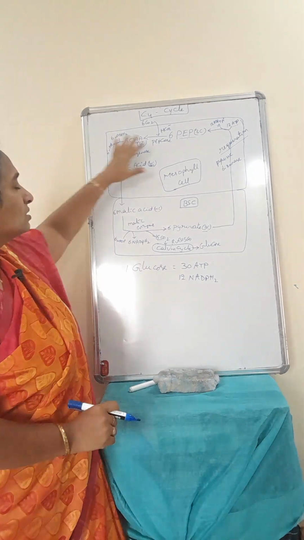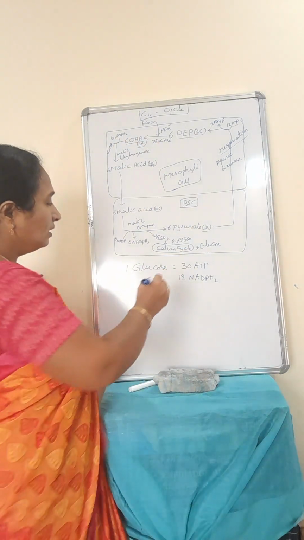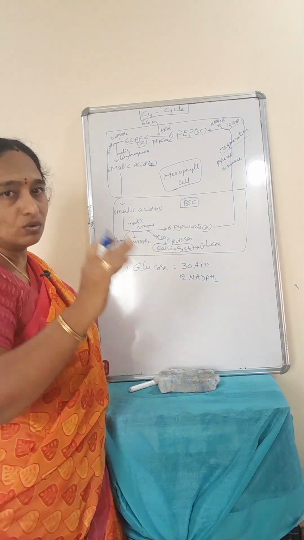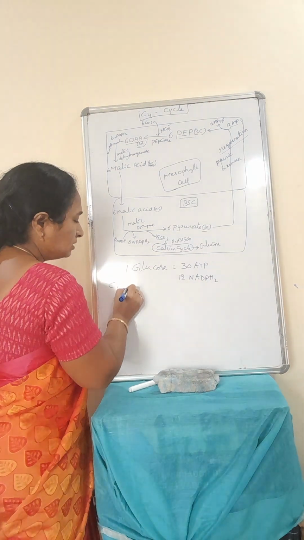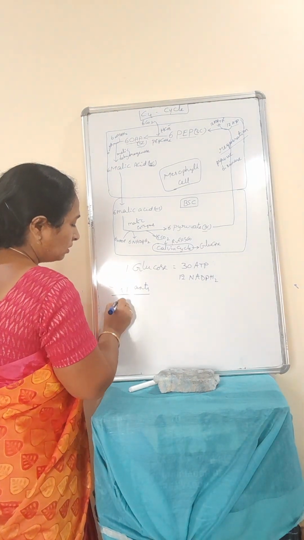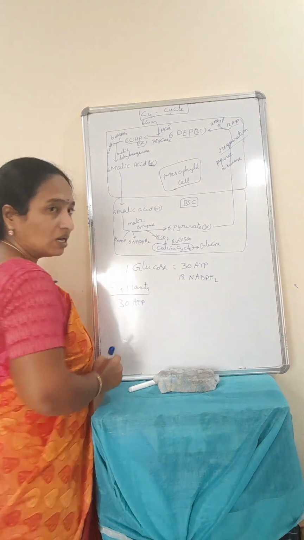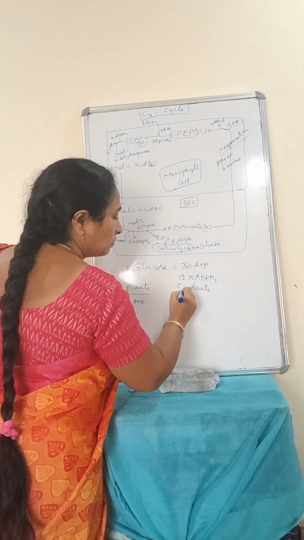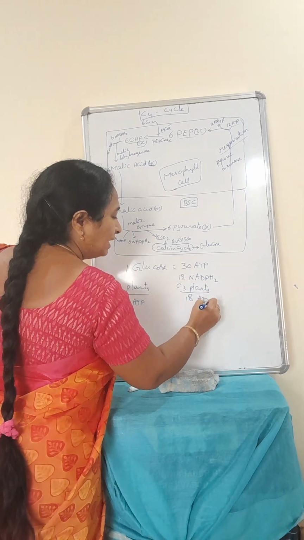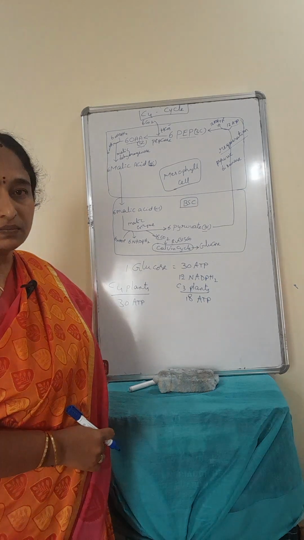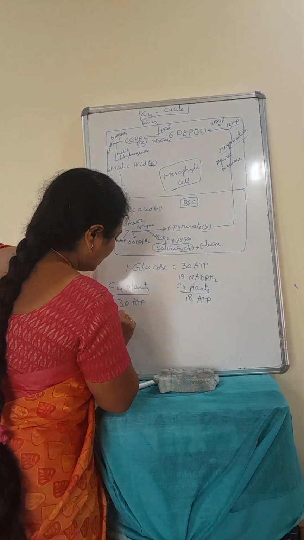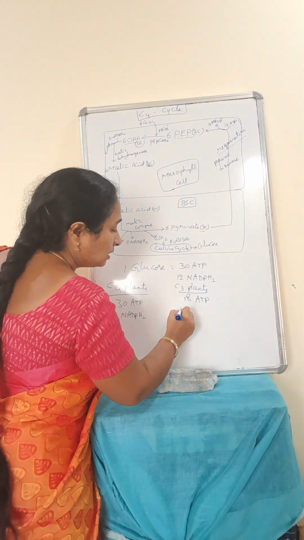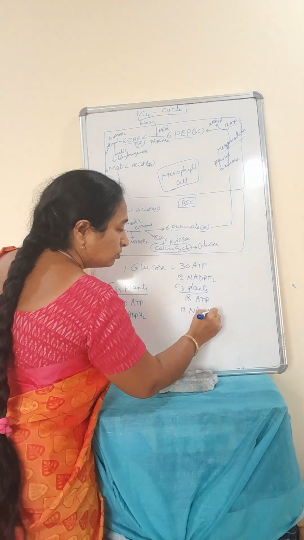This is the C4 cycle, and here we mentioned that for one glucose molecule, 30 ATPs are utilized in C4 plants. In C3 plants, for one glucose molecule, only 18 ATPs are used. For NADPH2, 12 molecules are used up in C4, and in C3 the same number of NADPH2 are used.